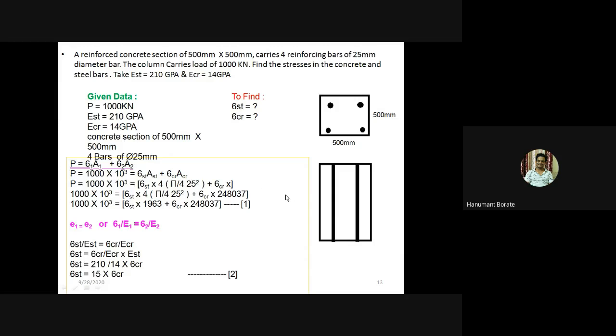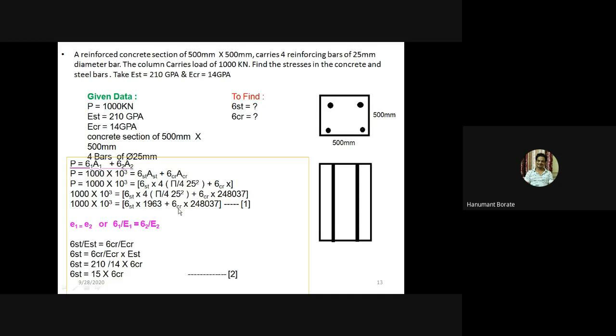To calculate the area of the concrete, the total composite block has a dimension of 500 by 500, but we need to subtract the area of the steel bars. So 500 by 500 minus 4 into pi by 4 into 25 square gives 248037 mm square. In this way we get equation 1 in terms of sigma_st and sigma_concrete.